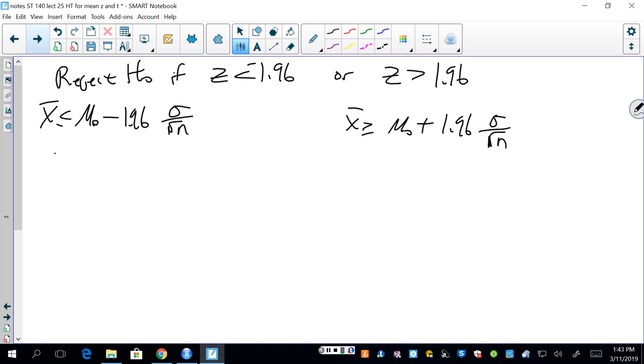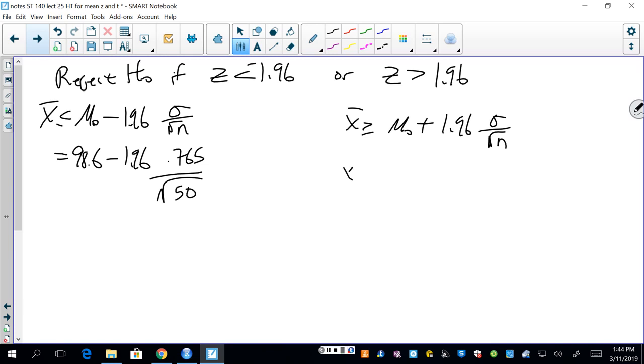So this lower point, 98.6, is here, minus 1.96. And we said the standard deviation of the measurements was 0.675, and we had 50 individuals.